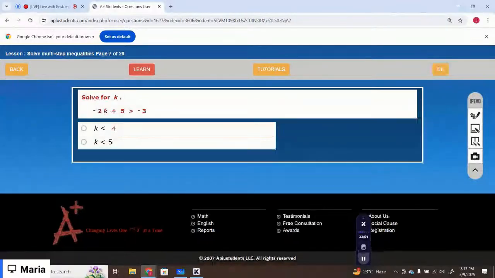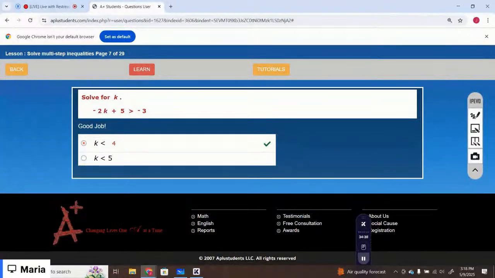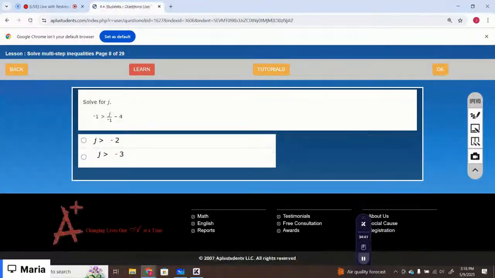Solve for k, so which is the correct option? K is less than 4. Option number 1 is the correct option. Solve for J. So which is the correct option?